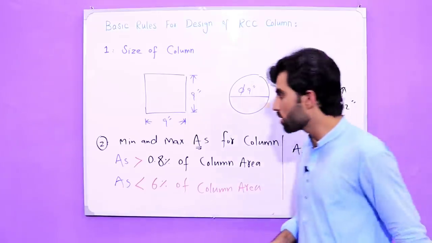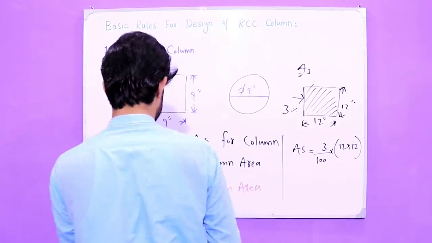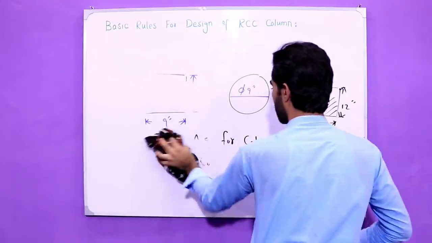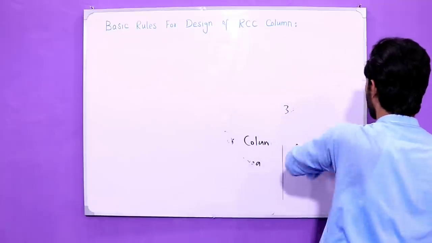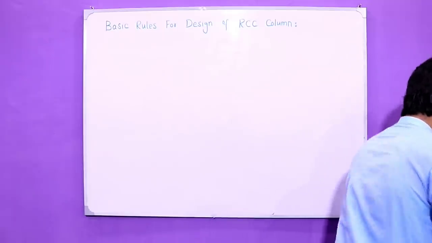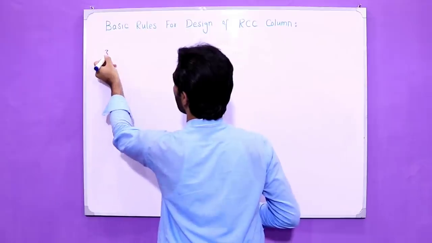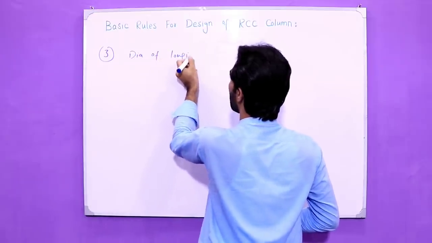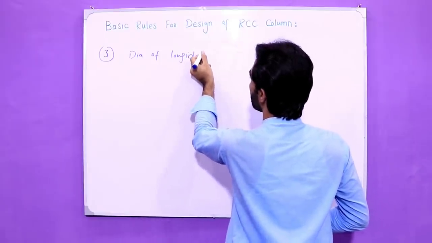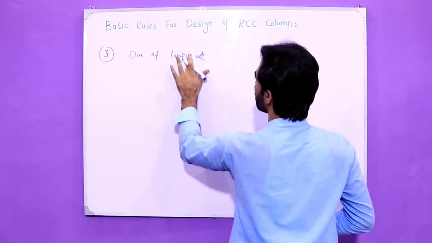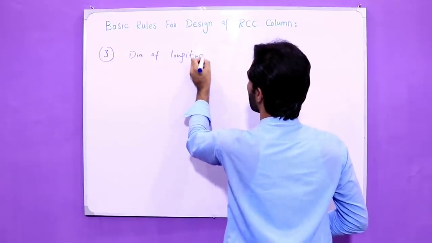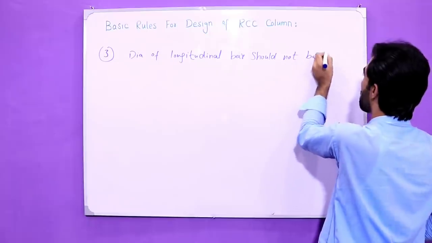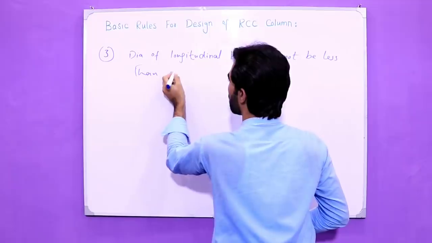Now, guys, the third rule is the diameter of longitudinal bar should not be less than 12 millimeter.